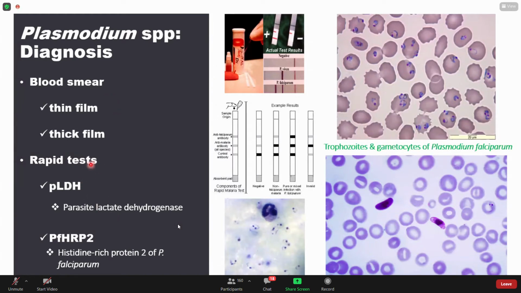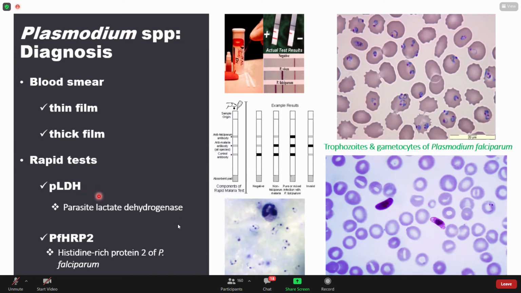We also have what we call rapid tests, in which you have antigens that are associated with the parasite, immobilized on a nitrocellulose strip. So what you have here in the rapid test, you have what we call the parasite lactate dehydrogenase.